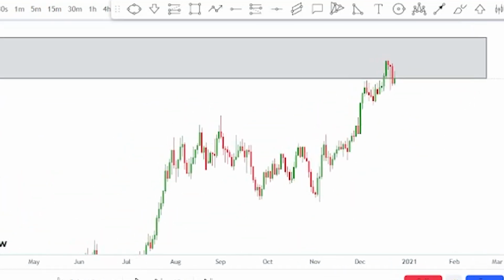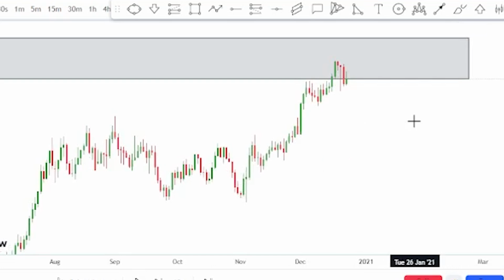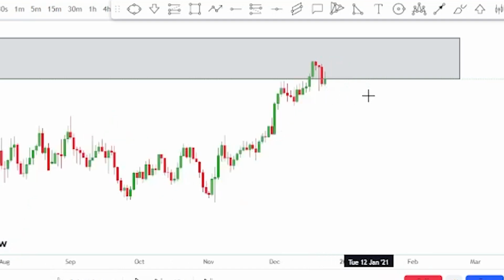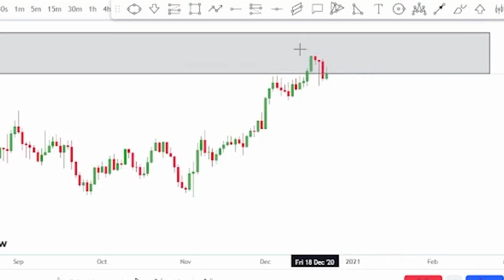So we need the market to start showing us that we are going to the downside. We need some kind of rejection from this area, which we have already started to see, and then a lower low and lower high, so that we can confirm we are going into a downtrend. So confirmation number one: we're rejecting this area. Let's see if we can keep rejecting from there.